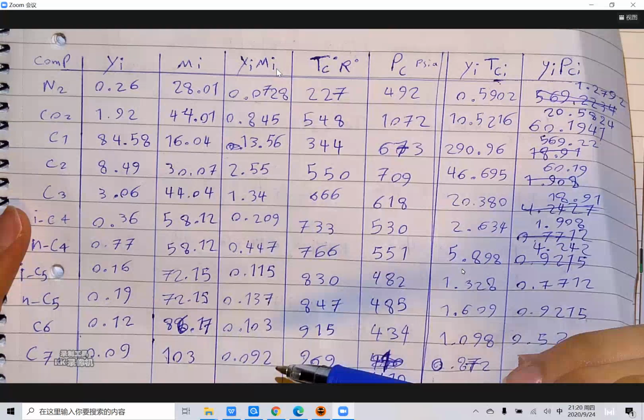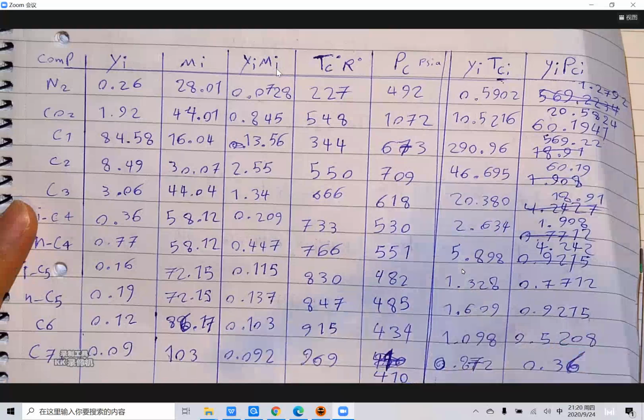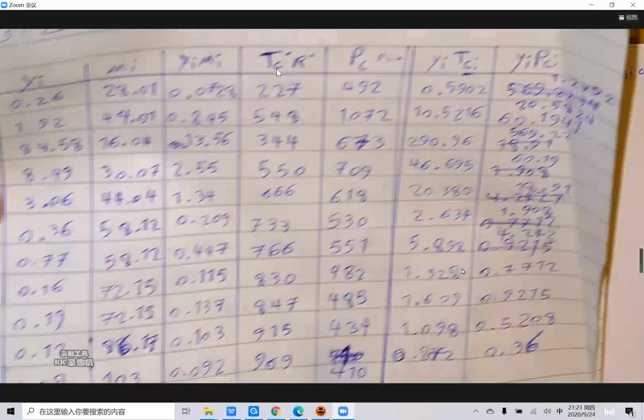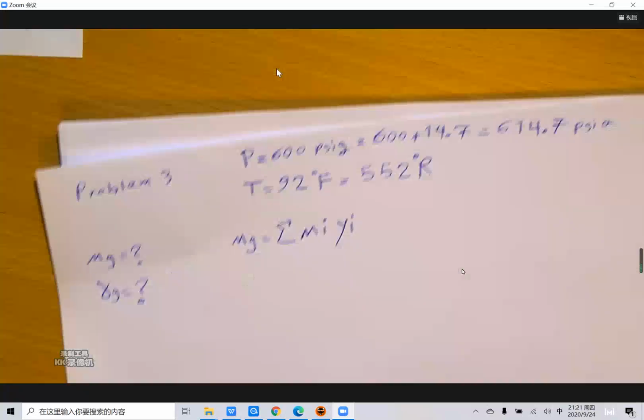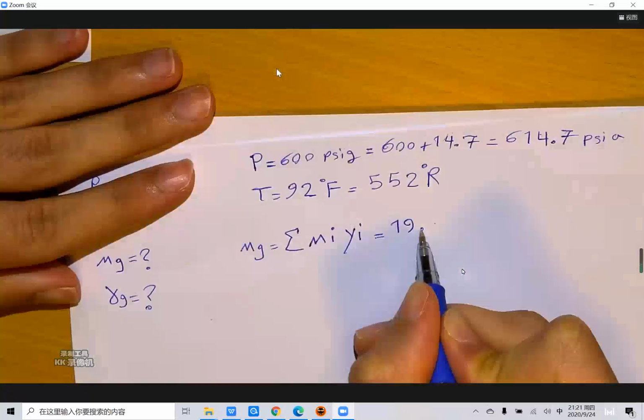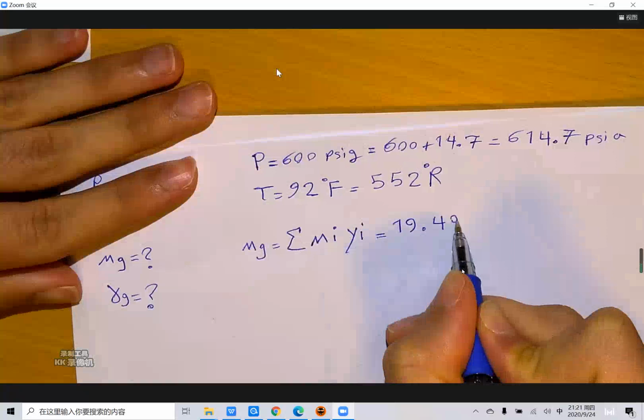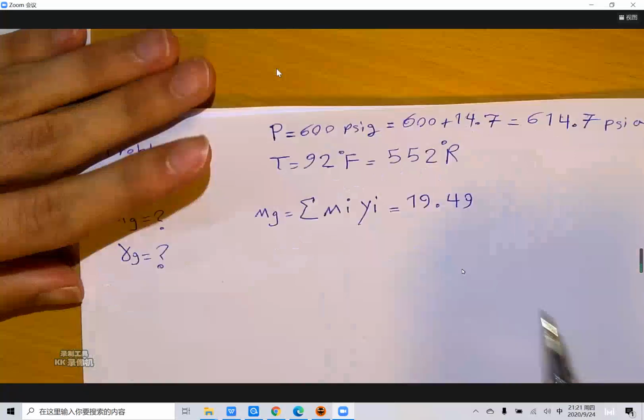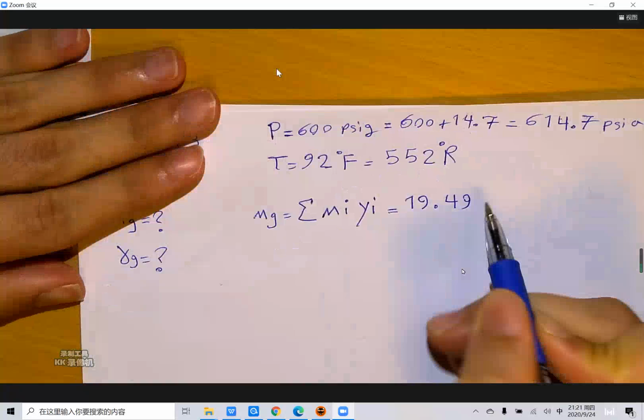Then I wrote here the sum of all this column. The sum of all the components gives us 19.49. This is the molecular weight of the gas.